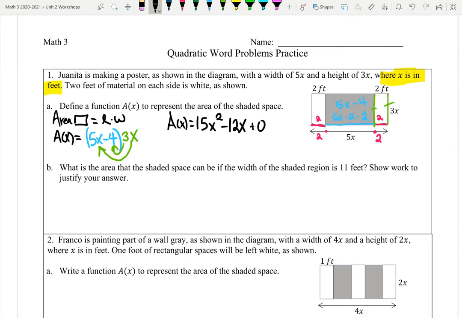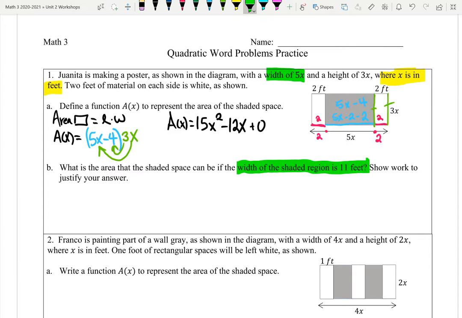What is the area that the shaded space can be if the width of the shaded region is 11? So, to make sure I'm using the same wording as the problem, I'm going to go back to the original problem. The width of the shaded region is 11 feet. The width is 5x.